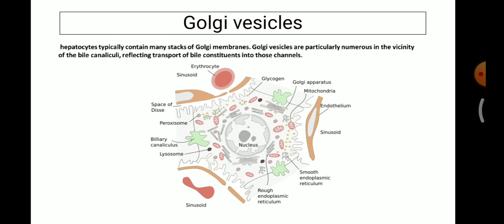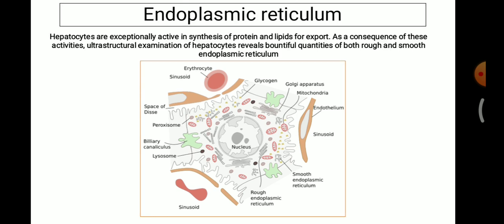Here I have shown a figure of one hepatocyte where you can see the nucleus and the Golgi vesicles around it. Try to figure out where they are, what their role is, and why they are situated here.